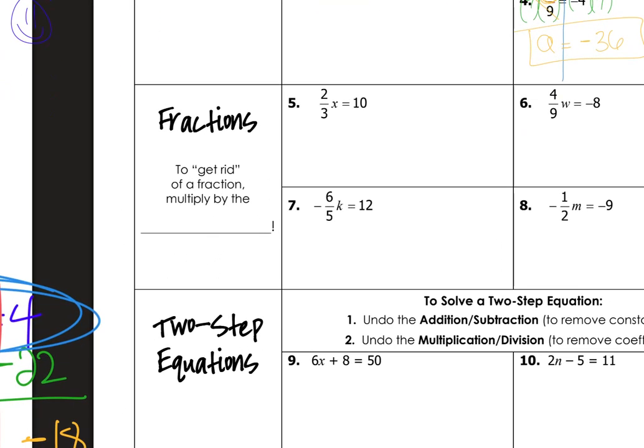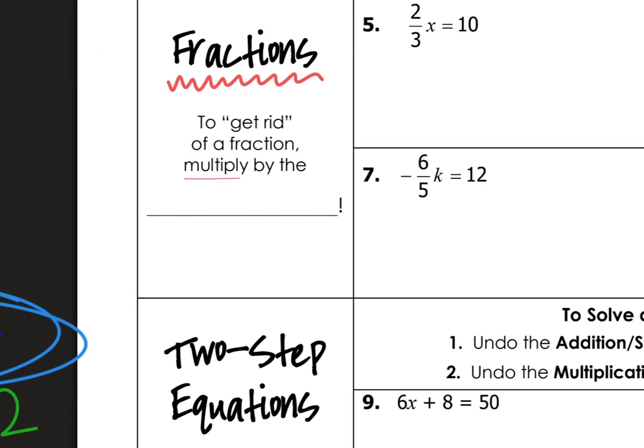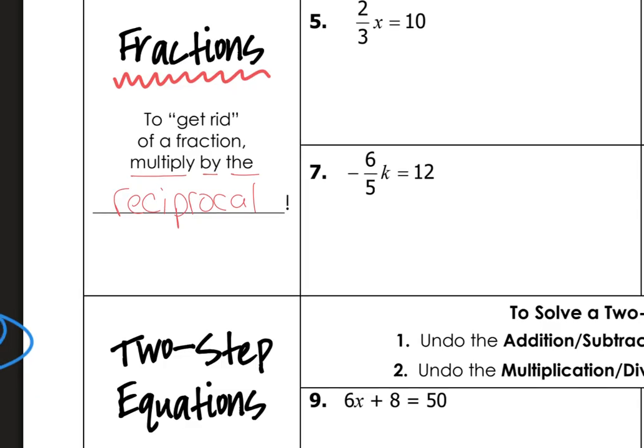Now, here is where I'll do a couple, because you might have forgotten that when it comes to fractions, we're going to multiply by the reciprocal. What the heck is that? Well, let me give you some examples.